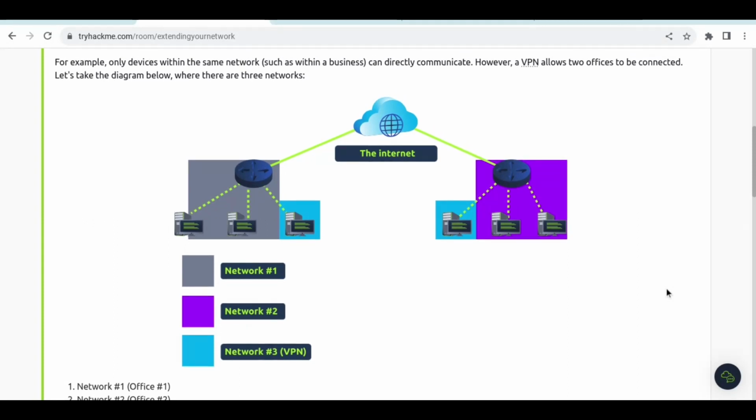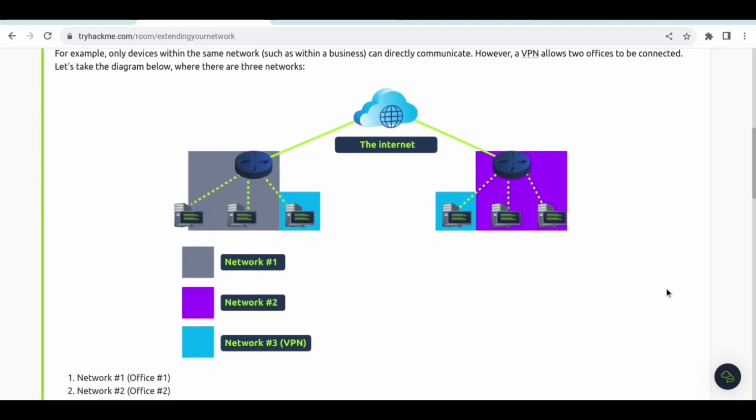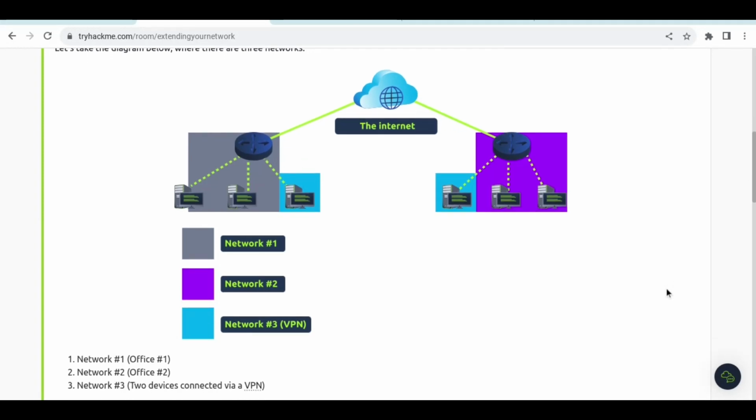Let's take the diagram below, where there are three networks: Network Office 1, Network Office 2, Network 3. Two devices connect via VPN. And here you have the example of what we're looking at.